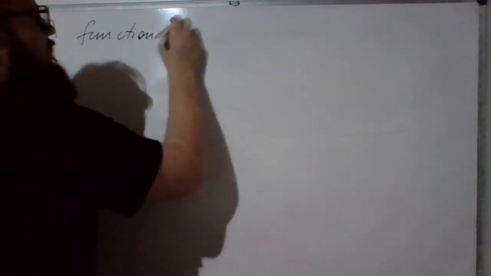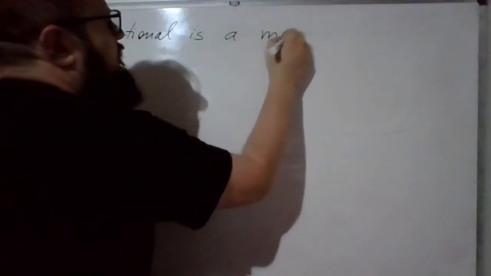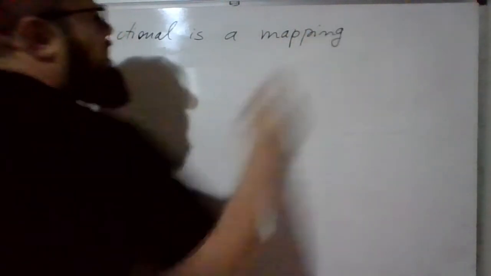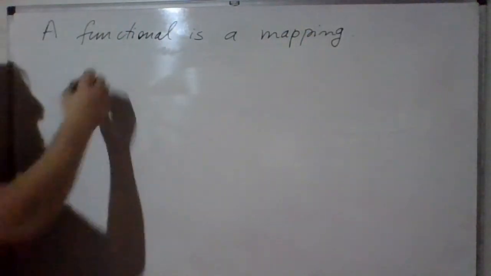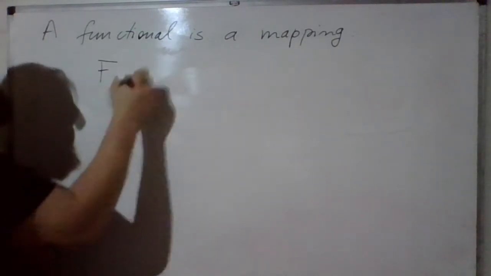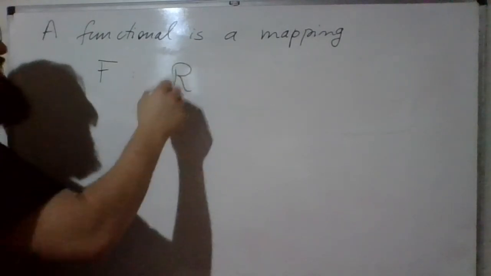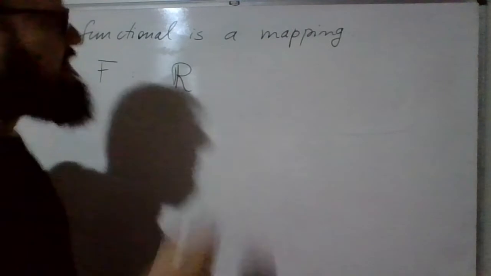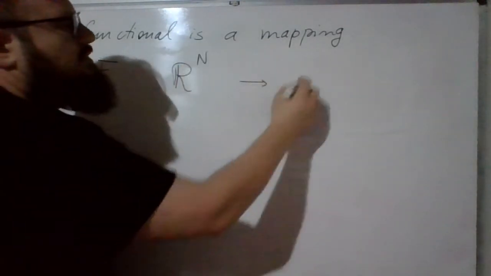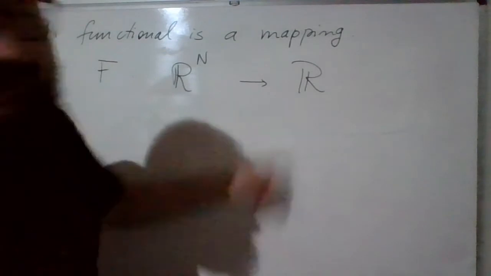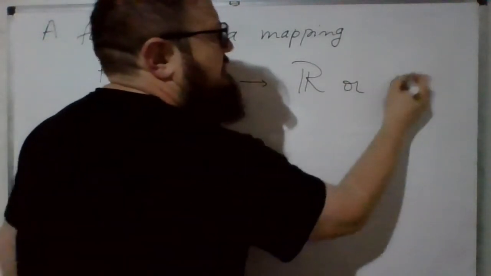Well, so from a mathematical definition, a functional is a mapping. It converts, let me say, some space of real numbers in n dimensions to a real number, or perhaps a complex number.